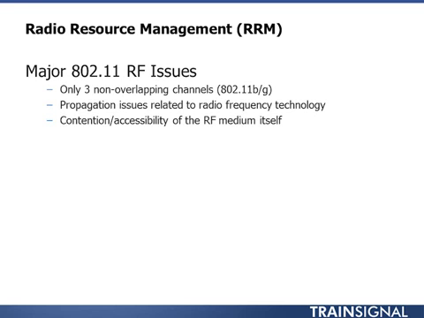So if I have 20 clients on one access point and no clients on the adjacent access point, that isn't really very smart. I want to take those clients that are on the edge of the cell where I have overlapping coverage and move them to the access point which is lightly loaded. And so I want to start load balancing and managing my RF environment. And again, Radio Resource Manager is going to do that.